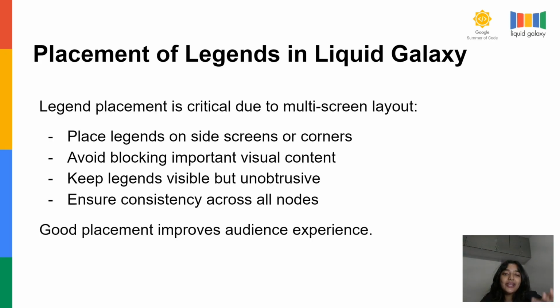Place in corners, avoid central obstructions, keep alignments consistent. For example, if the center screen displays the main city view, the legend should appear on the far left or the far right screen.